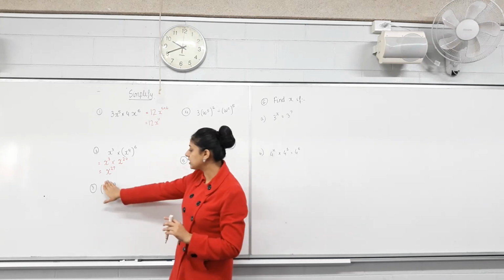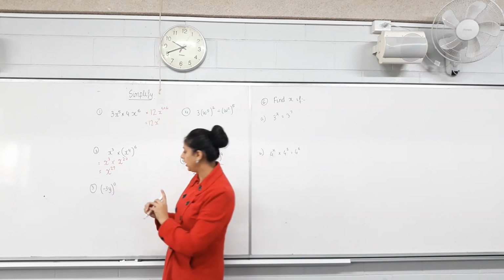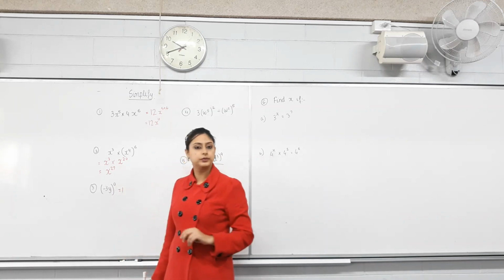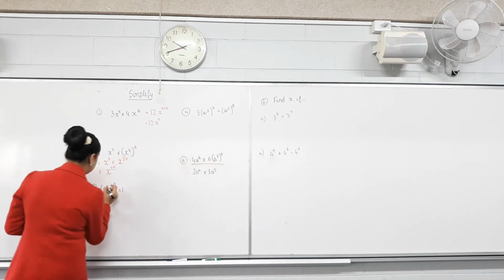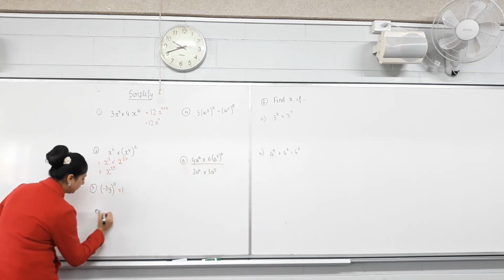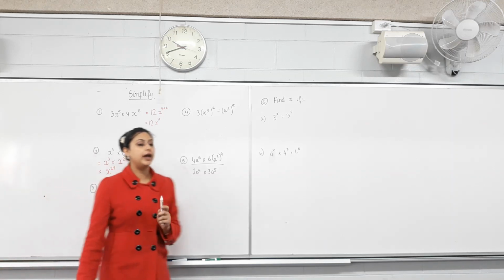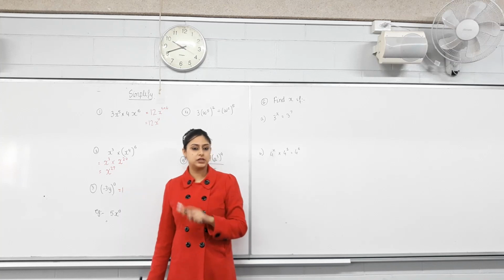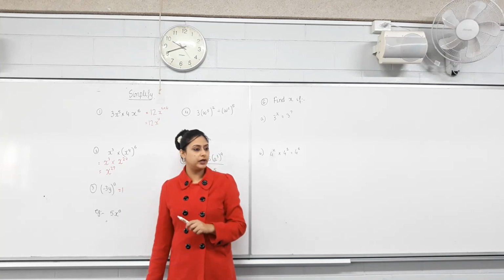Next one. There's something in the bracket and the whole thing has been raised to the power of 0. Does it matter what's in there? Anything to the power of 0 is? 1. Straight away. 1. What if I made it a little bit trickier? And another example. What if I had 5 times x to the power of 0? Has 5 been raised to the power of 0 as well now?